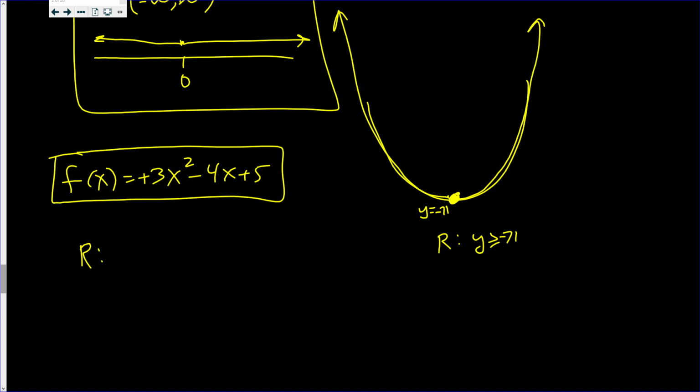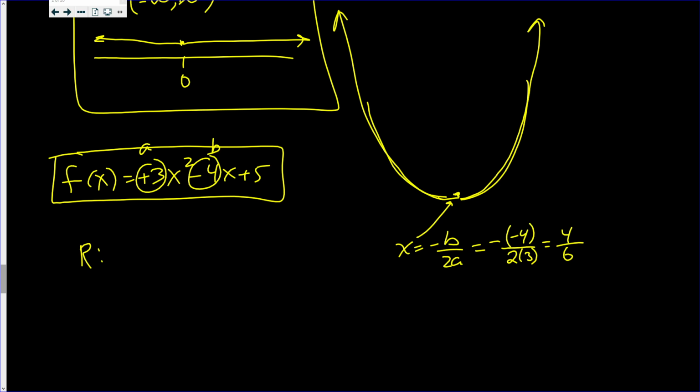Now, the x value right here is negative b over 2a. Remember, that's a, not because it's first, but because that's what x squared is being multiplied by. This is b. So we get negative, b is negative 4, divided by 2 times 3. We get 4 over 6, which is 2/3.